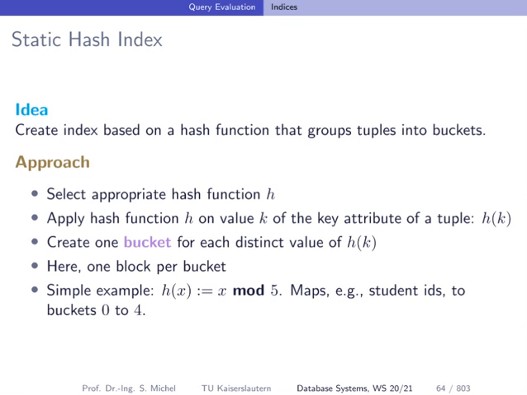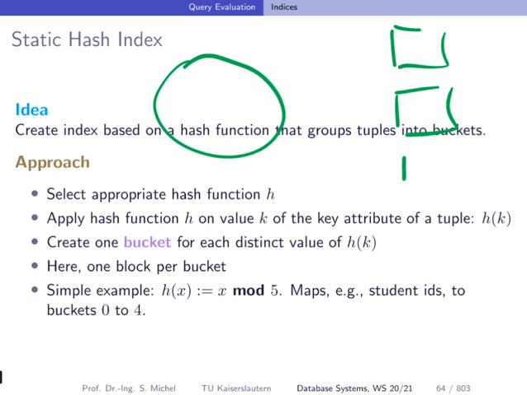In addition to all these trees we have seen now, we can also use hash functions or hash methods to create indices. And the idea is very simple. Hashing, as you probably know from many courses already, takes the space of data objects, has a set of buckets, and the hash function is used to map objects to buckets.